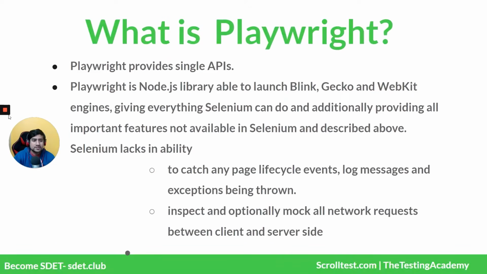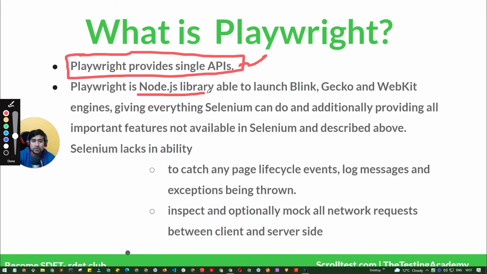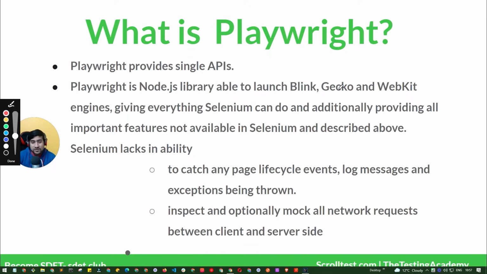Now, why Playwright is important is that Playwright provides you a single API, and that API is nothing but a Node library which is able to communicate with all three rendering engines. Previously there was Puppeteer, which was able to communicate with the Blink or Chromium projects.